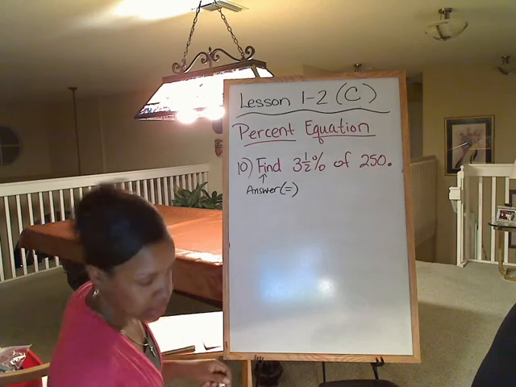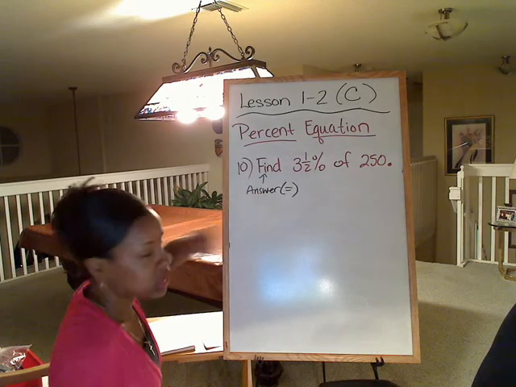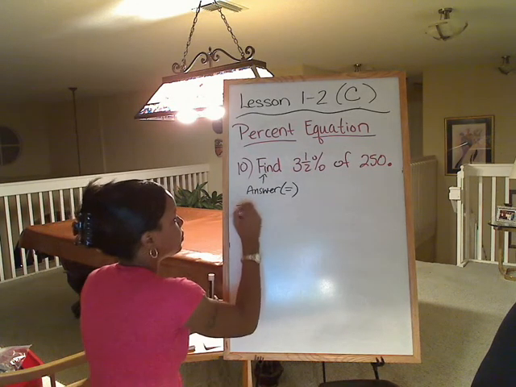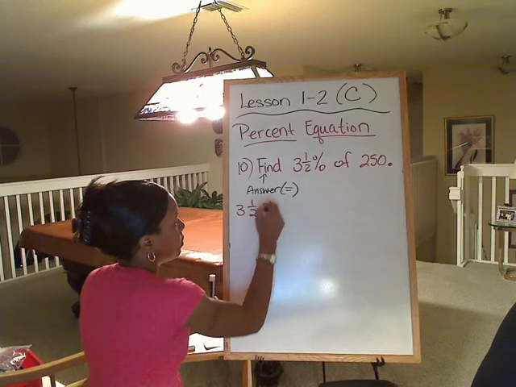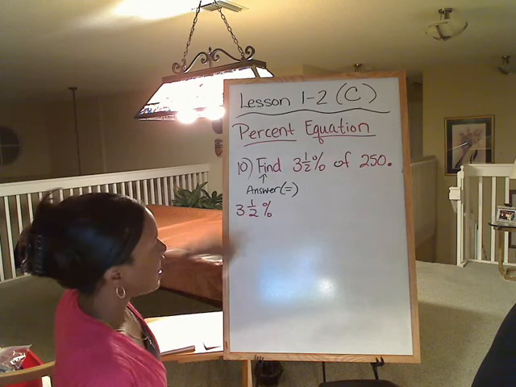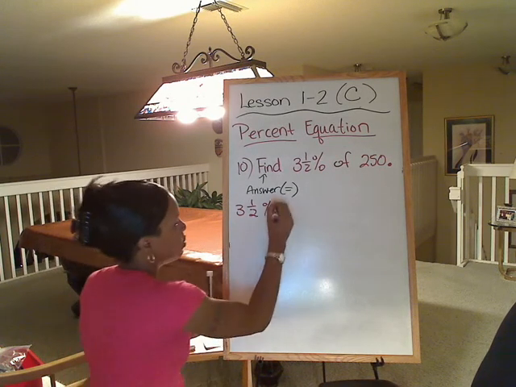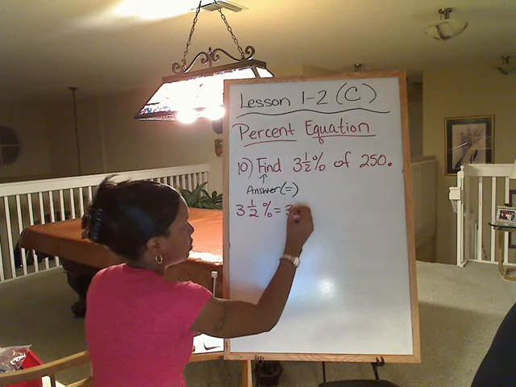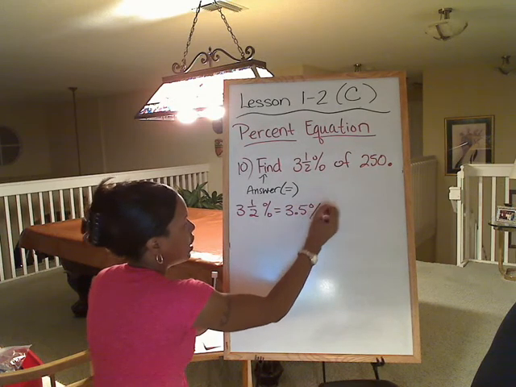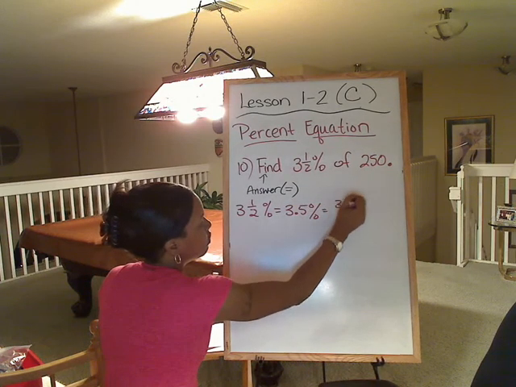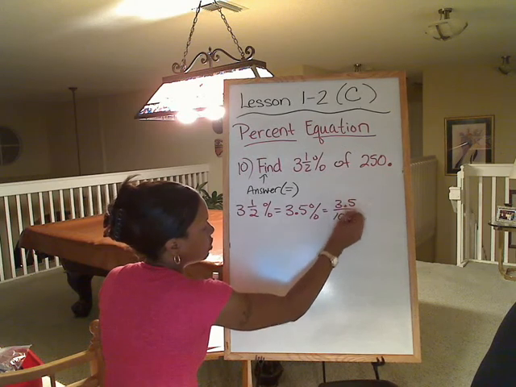Okay, so again, the first step was to change the percent to a decimal. So 3.5%. That equals 3.5 over 100.